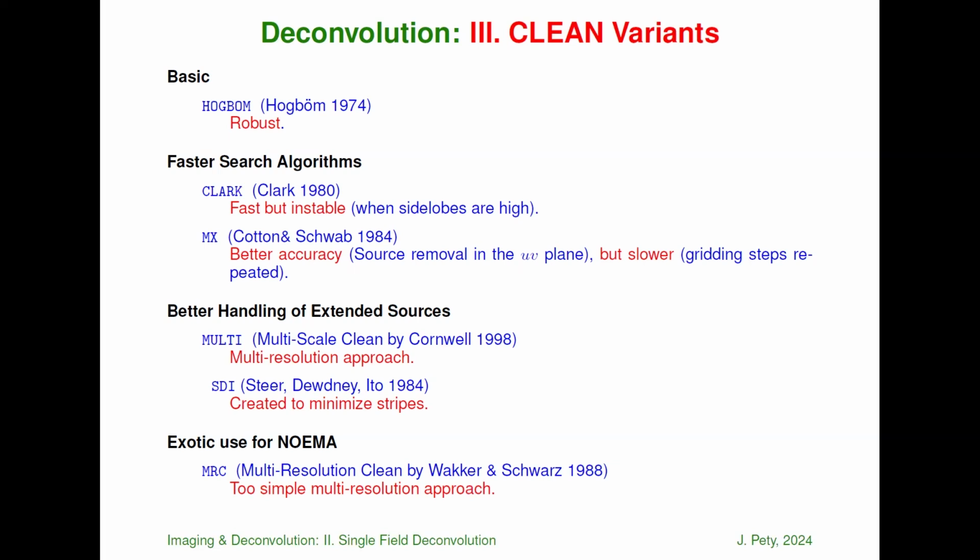You will locate the maximum of each of the images produced at different angular resolution, and you will choose the ones that have the highest signal to noise ratio, and this can be this resolution or this resolution, and you will subtract it from everybody. And we iterate. MRC exists in MAPPING, but it's a too simple multi-resolution approach, so just for you to know it's there, but I don't advise to use it.